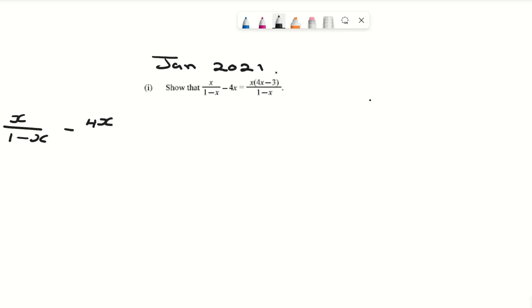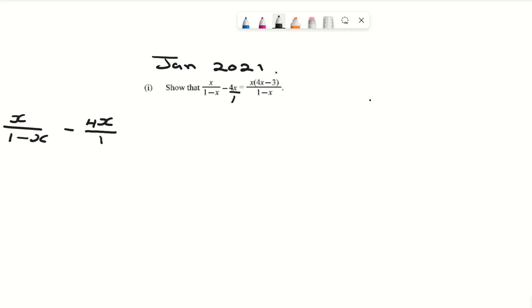Now, remember, when we have fractions, if we have a letter or number by itself and we see something along the lines of fractions, we always put our whole number or letters over 1. So that is the first step, to put this 4x over 1.